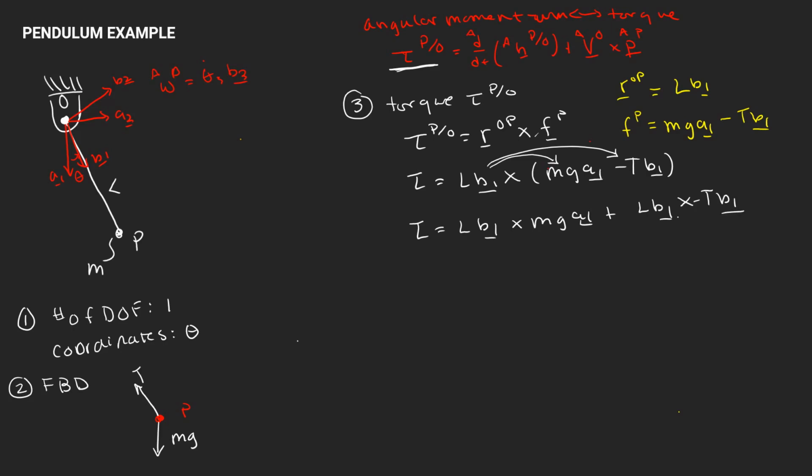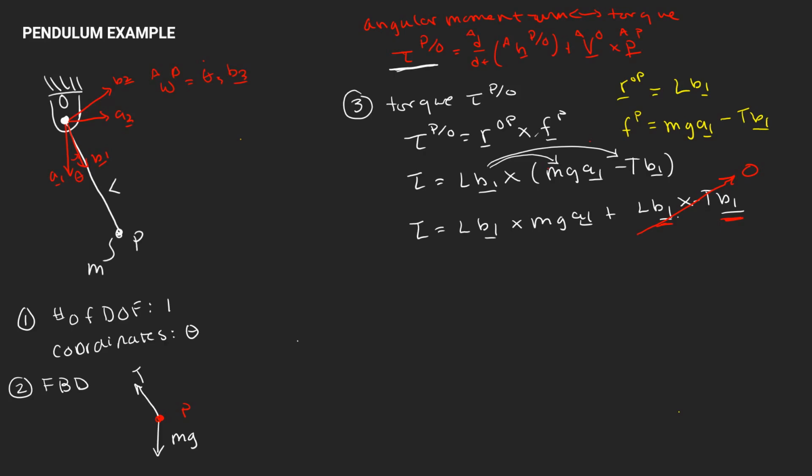The first thing you should notice is that we have a cross product between two B1 terms, and these two unit vectors are parallel to one another. And so what that means is that this is going to go to 0, so we can get rid of that term.